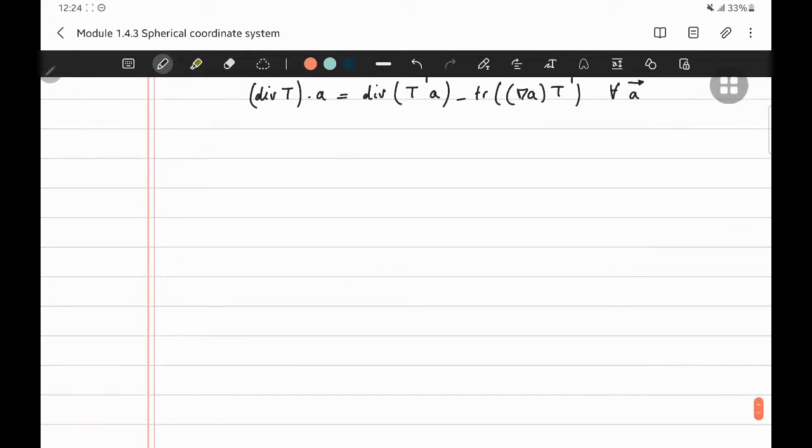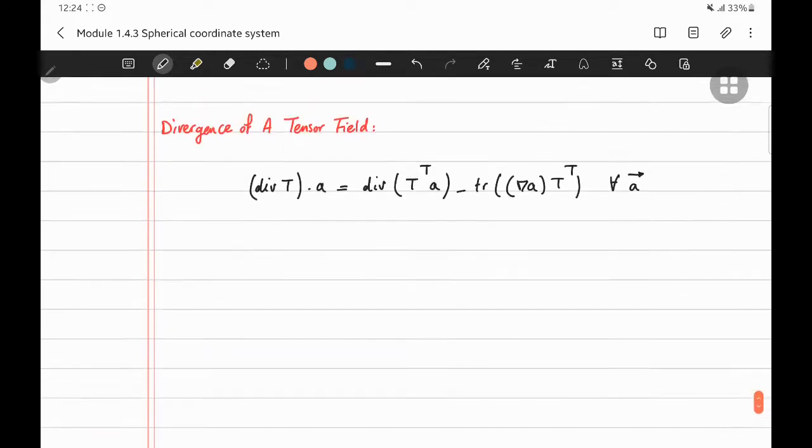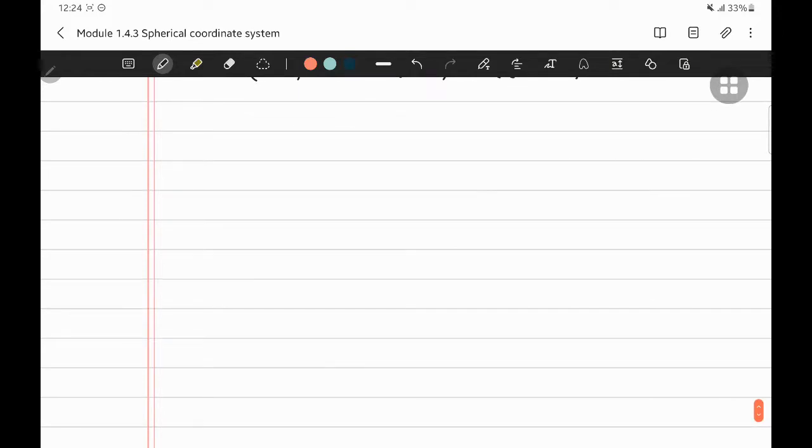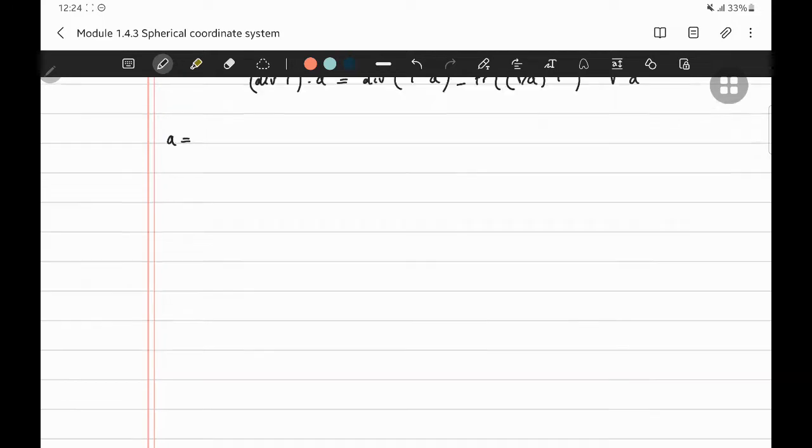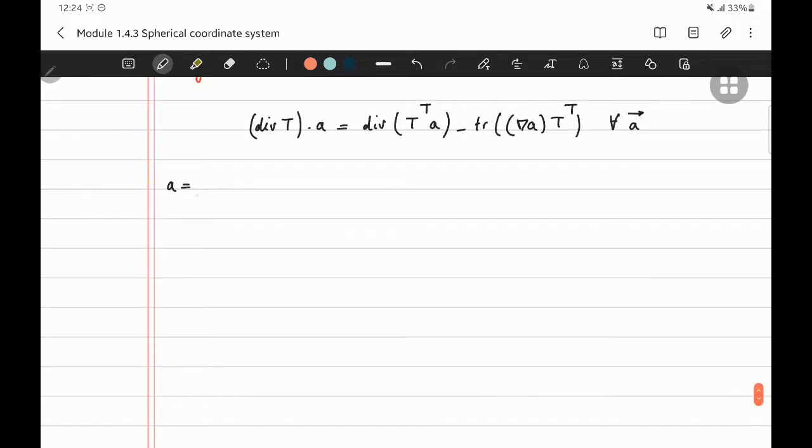Since we have the divergence of a tensor field, we know that its order is decreasing by 1. So we will deal with a vector finally, which has 3 components, one for r, another for theta, and another for phi. Let's suppose that A is equal to ER.